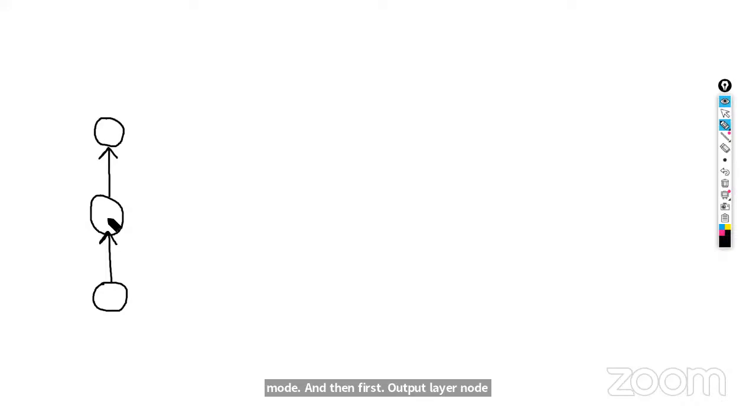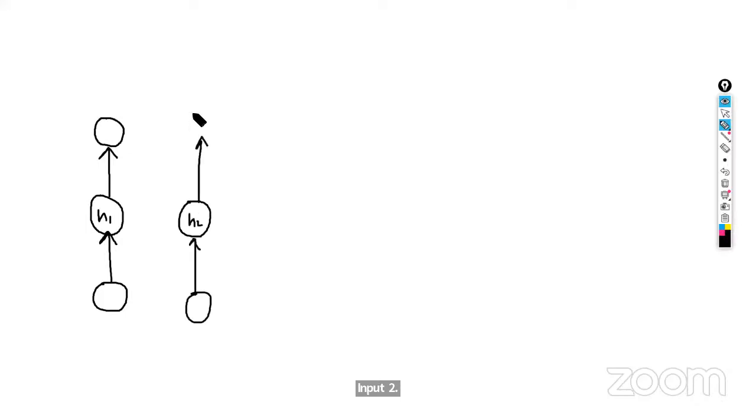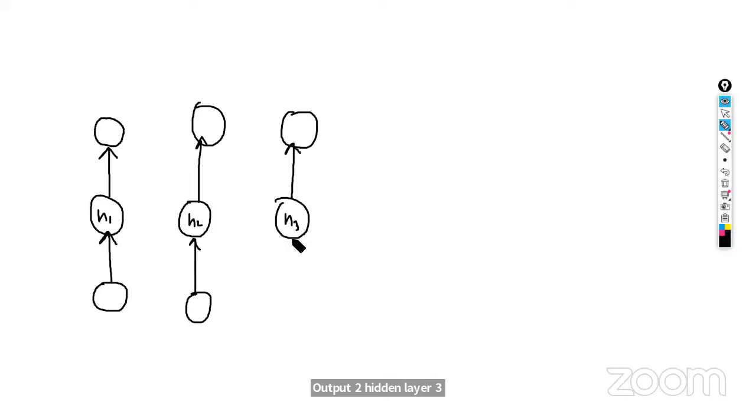Then a second layer, hidden layer two, input two, output two, hidden layer three, hidden layer four.